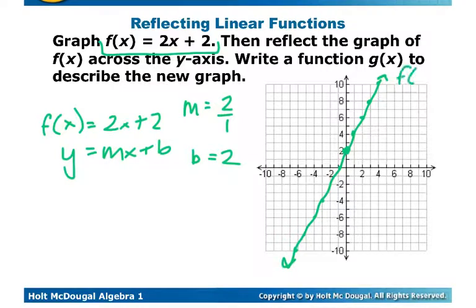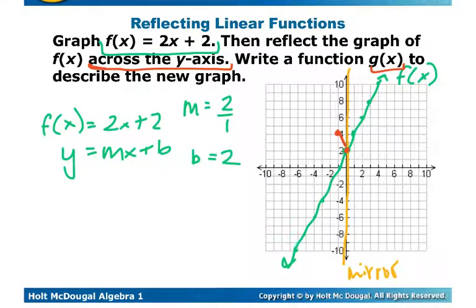And so that's our original function, f of x, but now they want us to make g of x, which is across the y-axis. So here's the y-axis that I'm going to use as my mirror. And then I'm going to graph. So of course it's going to have to meet the mirror here. And then if we kind of just assume its reflection, it is going to have to go up in that same kind of rate.